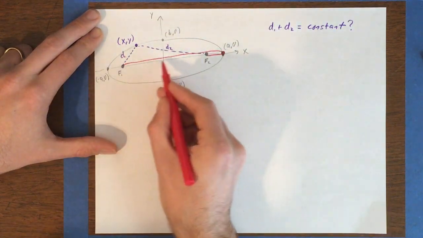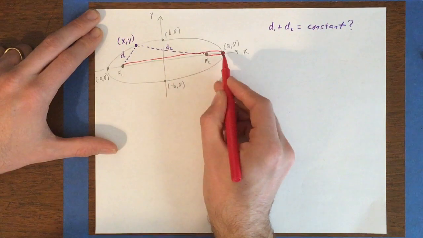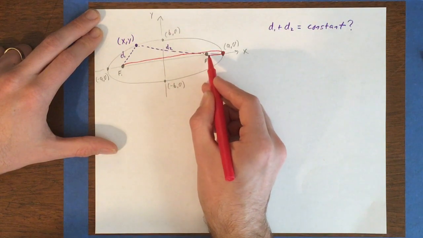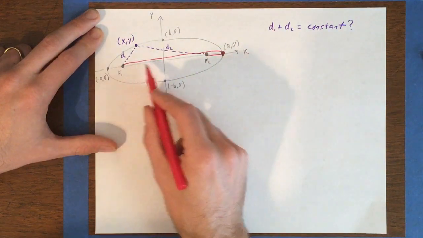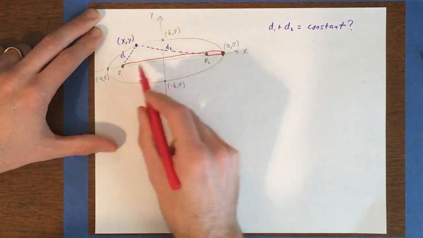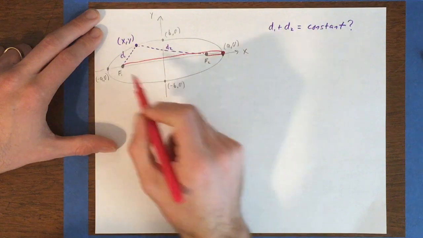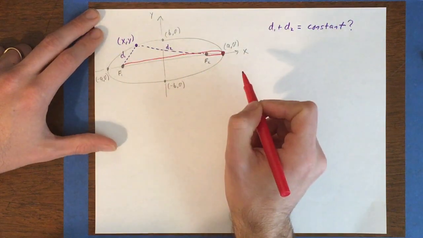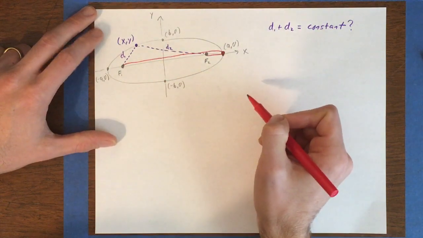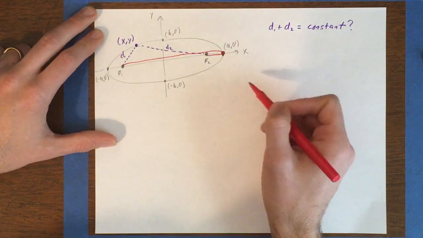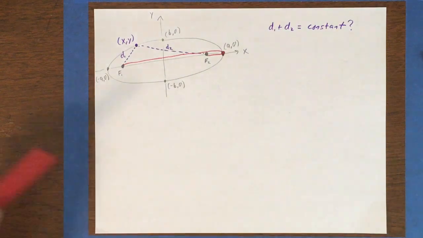So the string is going to be stuck out like that, and it can loop over your pencil and come back. So those two distances should add up to our constant, except in this case, now that we're putting them all horizontal, we can actually measure what those distances are in terms of our positions. But to do that, we need a little more information in here.